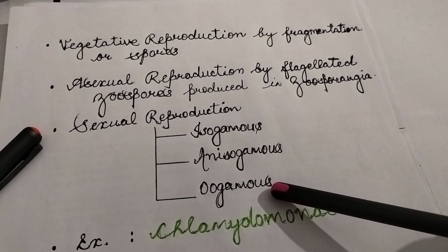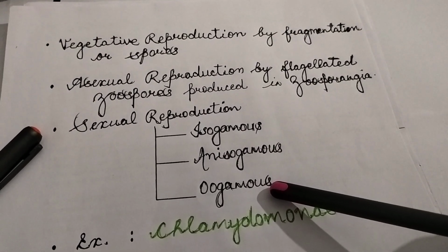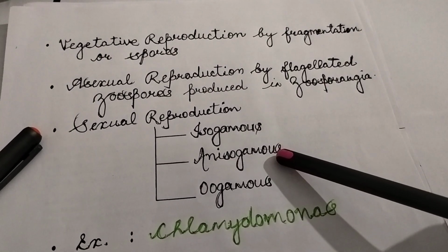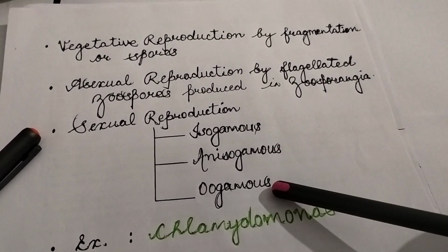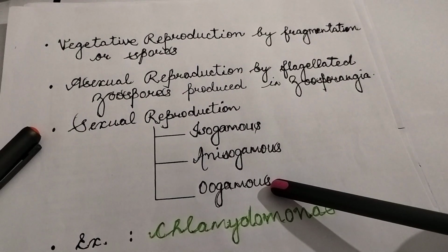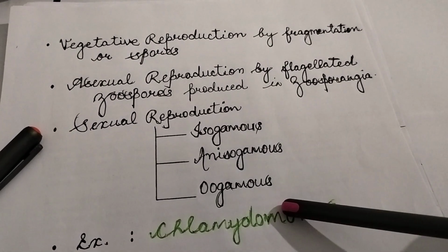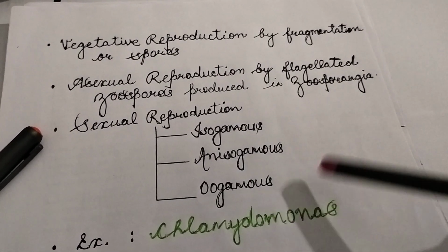Remember, in isogamous the two gametes are morphologically similar, in anisogamous they are morphologically dissimilar, and in oogamous one is small and motile and the other is large and stationary. All three kinds of sexual reproduction can be exhibited.